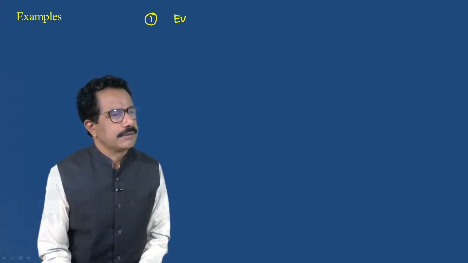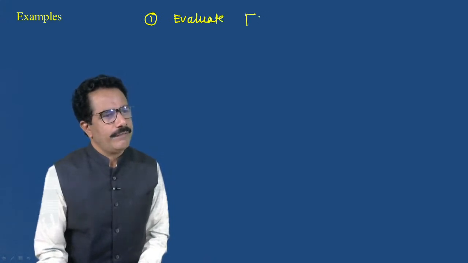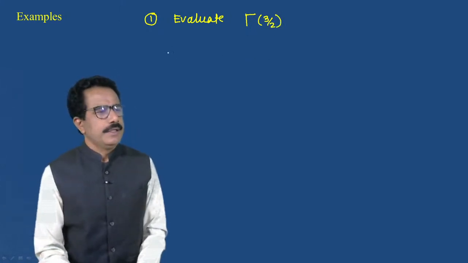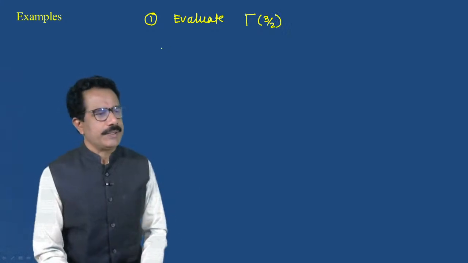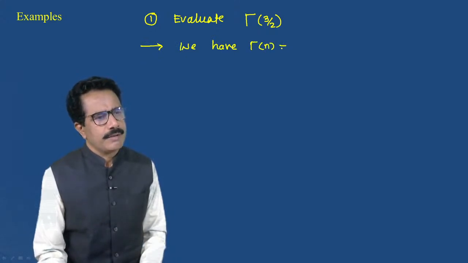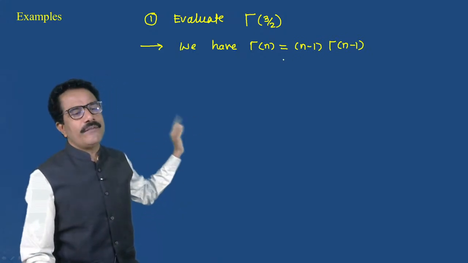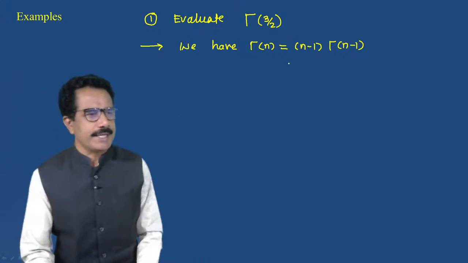First, evaluate gamma of 3 by 2. We have gamma of n plus 1 equals n gamma n.